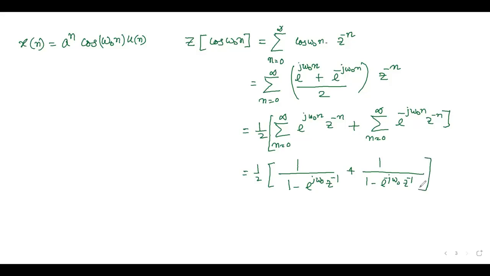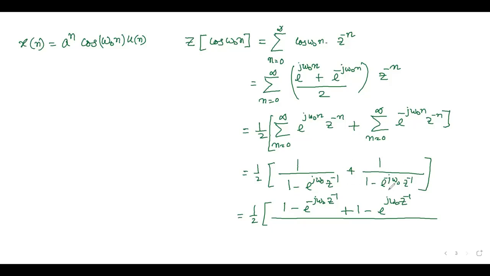All right, is that okay? Now you find out the LCM. The numerator is 1 minus e to the power minus j omega 0 z inverse plus 1 minus e to the power j omega 0 z inverse. There is a plus, okay?